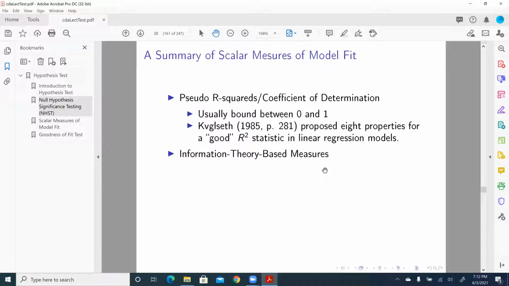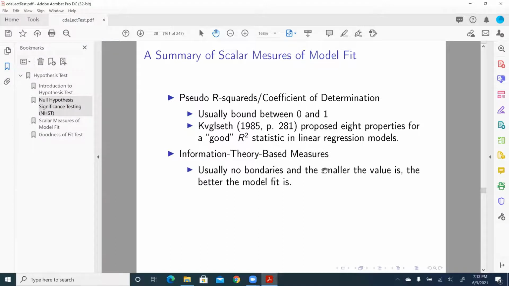And the second major type is information theory-based measures, including AIC and BIC. Usually, for such measures, there are no boundaries, and the smaller the value is, the better the model fit is. Unlike R-square, where usually the higher the value of R-square is, the better the model fit.